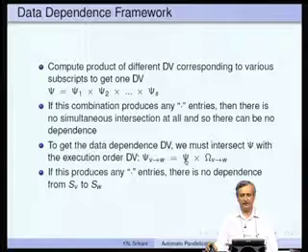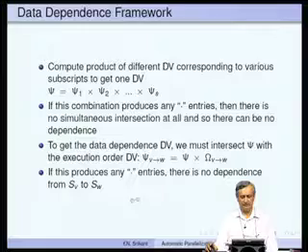So, we intersect it with psi to get the direction vector from v to w, that is, we are assuming that the dependence is from s v to s w, because this is dictated by the omega. If this provides any nil entries, then there is no dependence from s v to s w. Otherwise, whatever is given as the direction vector will give you the dependence from s v to s w.